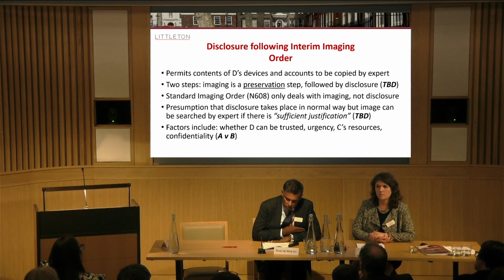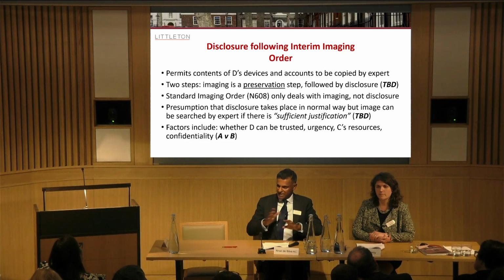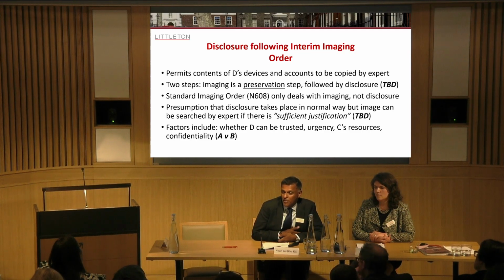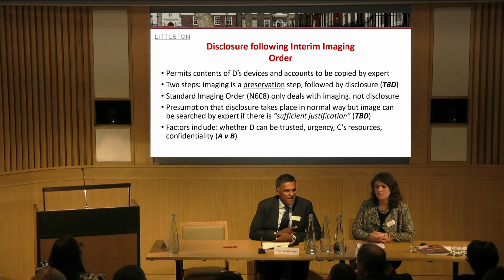But it's worth recalling what the Court of Appeal said in the case of TBD. They said the presumption is still that disclosure takes place in the normal way. You've got the image, you hold it, you plead out the case, you make orders, and then you have orders for, let's say, standard disclosure, and you might use the image at that stage. Now, I don't think that's often how claimants or indeed parties behave when they have imaging orders.